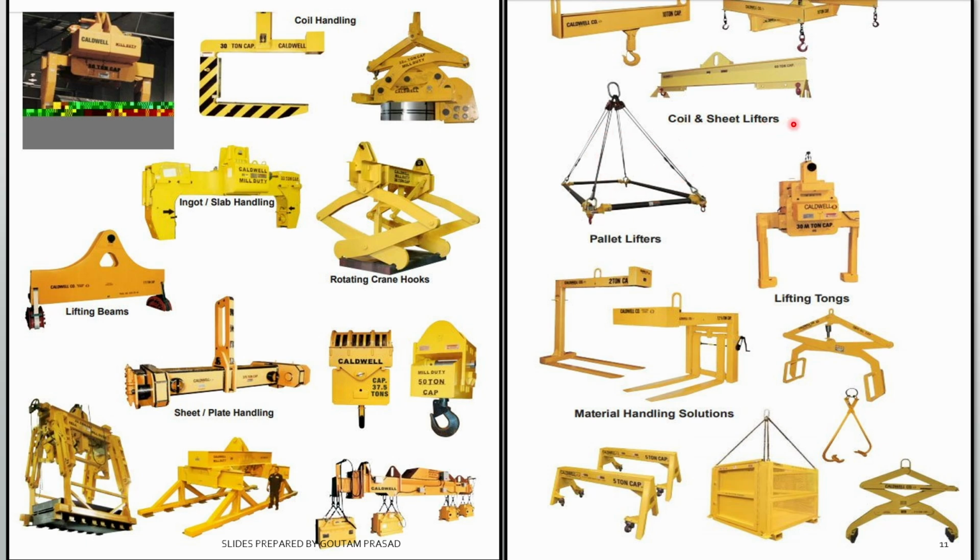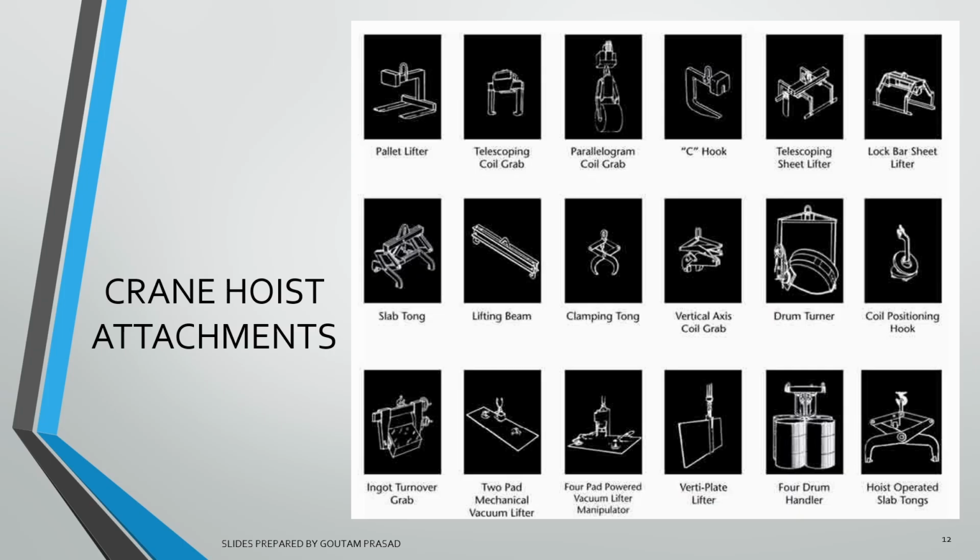For pellet lifting, this type of attachment is used. Coil and sheet lifters, this type of attachment is used. Lifting tongs for handling of the coils. These are the pellet handler lifters. These are the pellet lifters. And again, this is a lifting tong, the weld tong that we had seen. So different types of solutions are provided by the crane manufacturers in terms of crane attachments or crane tackles for lifting different types of loads.